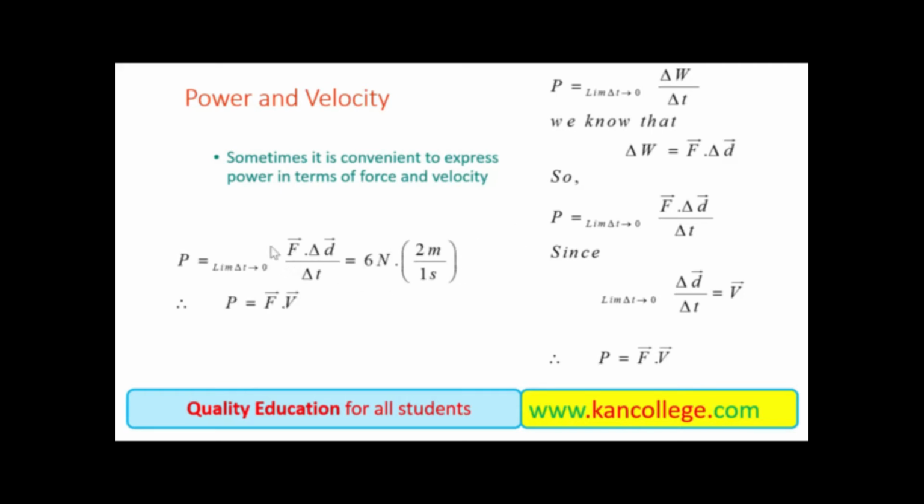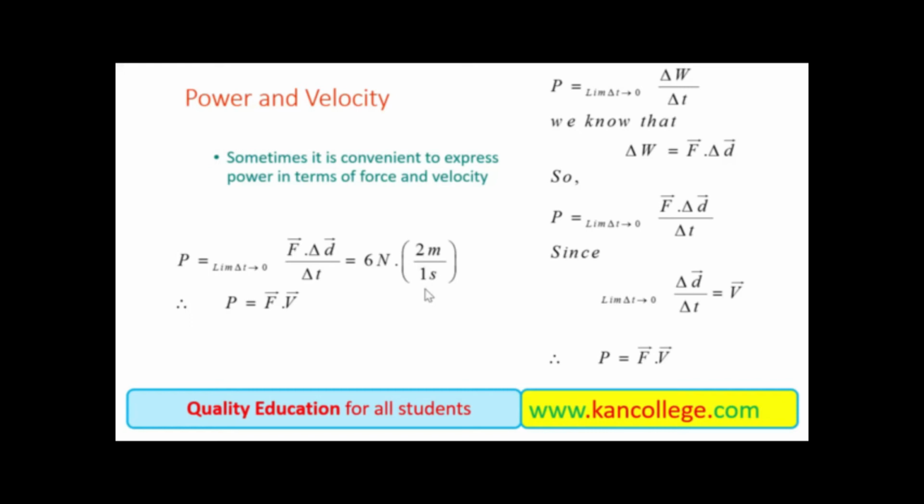For example, if a force is applied on a body, or we push a body with a force of 6 Newton, and it moves with a speed of 2 meters per second, it means that it has the power of 12 joules, 12 Newton meters per second, or the work we are doing on that object is at the rate of 12 joules per second.